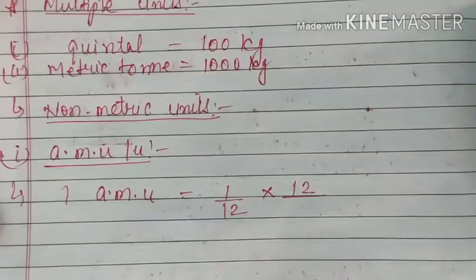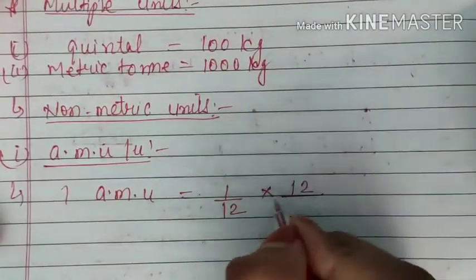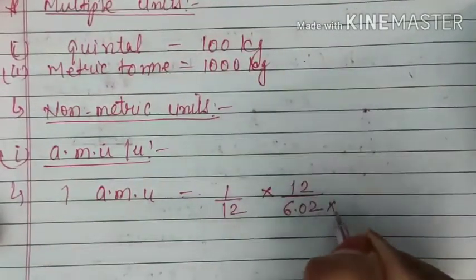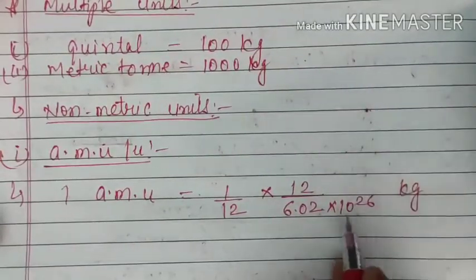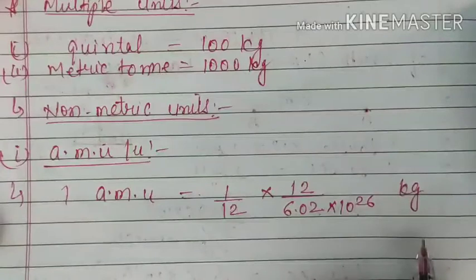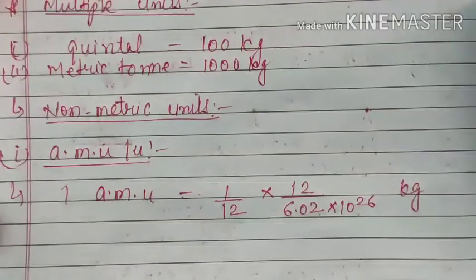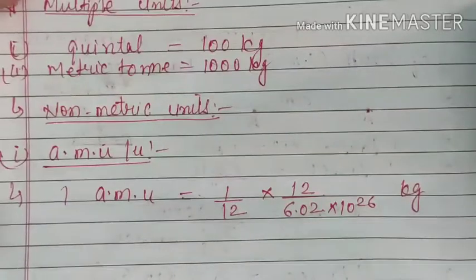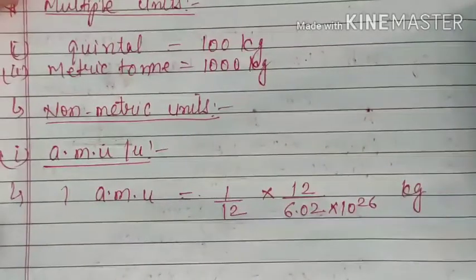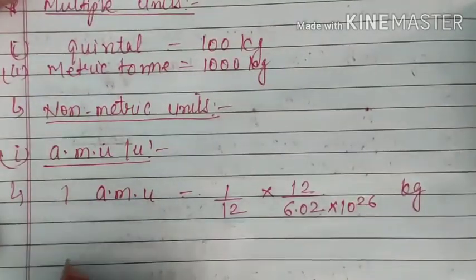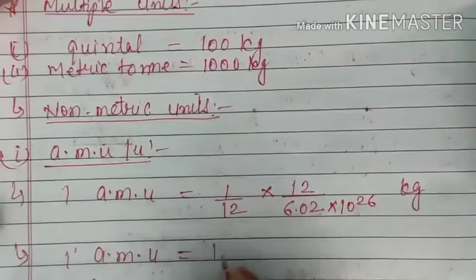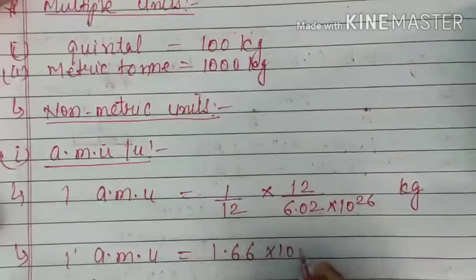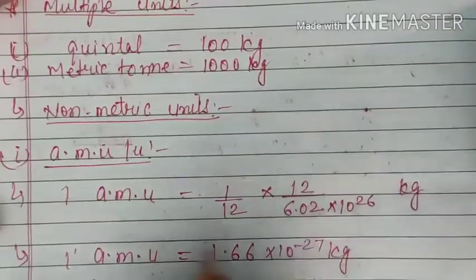We are talking about carbon 12, and here obviously we will need Avogadro's number, and that is also with respect to kilogram. That means generally in chemistry we learn it for gram. I already told you there we use somewhat smaller units, but here we are working for kilogram, so we are writing 10 raised to power 26, whose value comes to be 1 AMU is equal to 1.66 into 10 raised to power minus 27 kilogram.